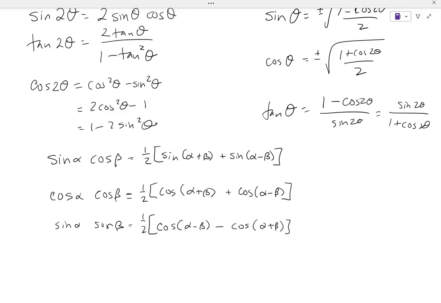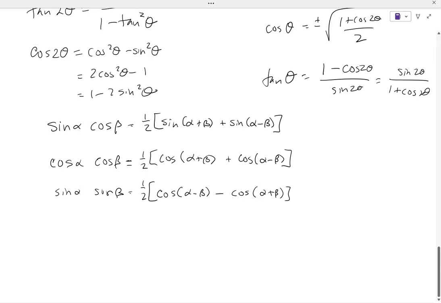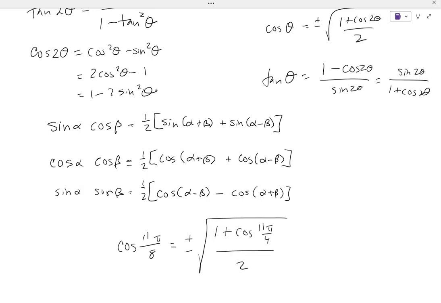So, for example, if you wanted cosine of, let's do 11 pi over 8, then that is either plus or minus the square root of (1 plus cosine of 11 pi over 4) over 2.